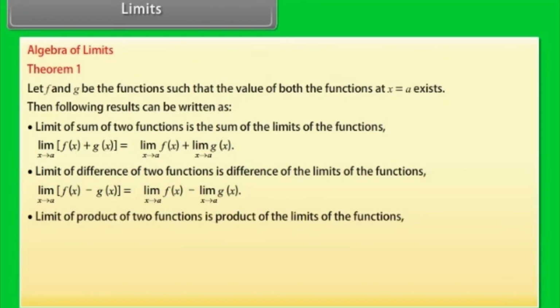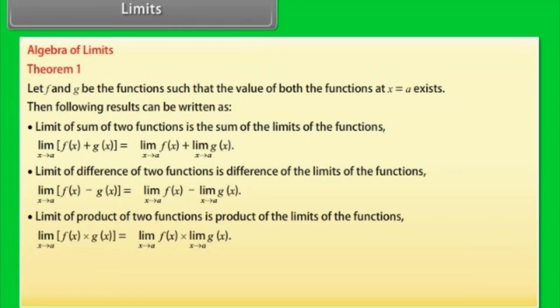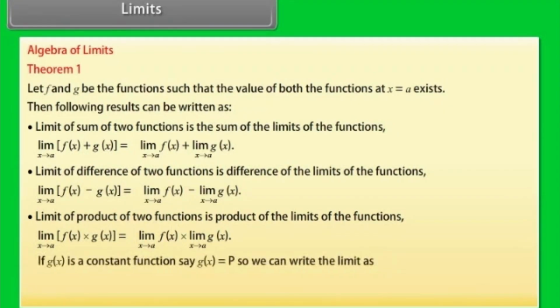Limit of product of two functions is product of the limits of the functions. Limit x tends to a of f(x) into g(x) is equal to limit x tends to a of f(x) multiplied by limit x tends to a of g(x). If g(x) is a constant function, say g(x) is equal to p, we can write the limit as limit x tends to a of p into f(x) is equal to p multiplied by limit x tends to a of f(x).